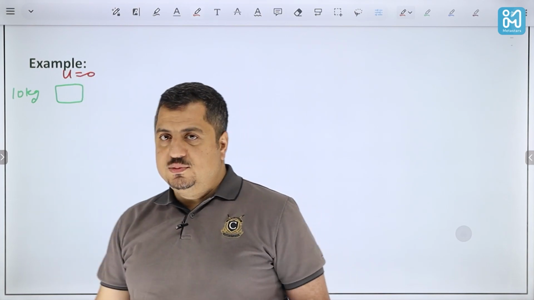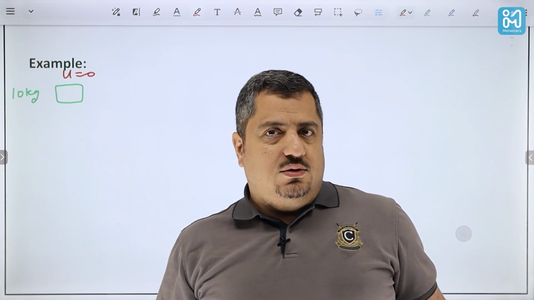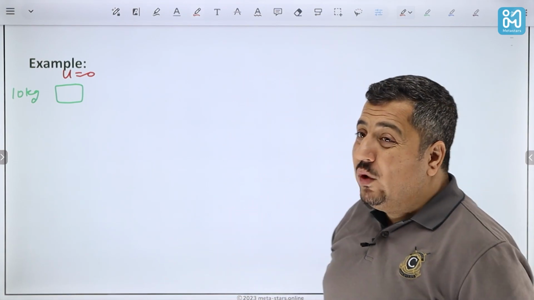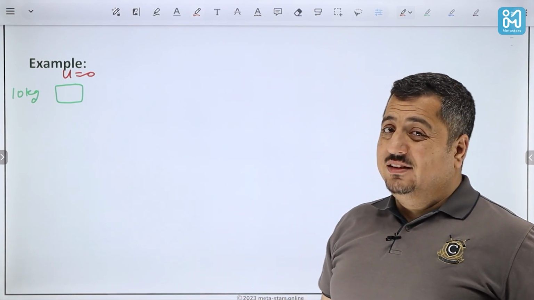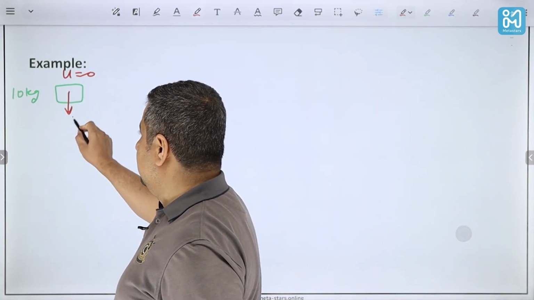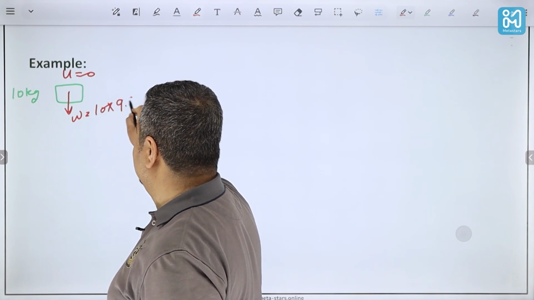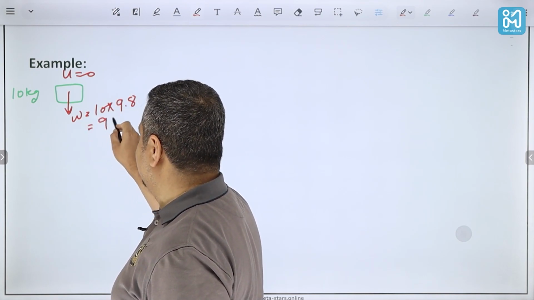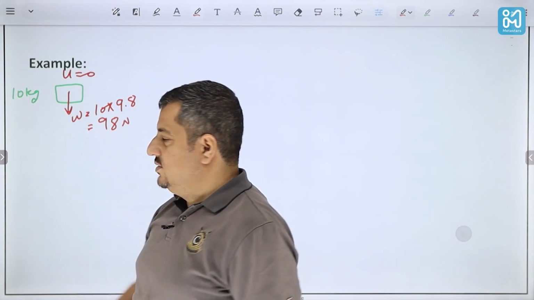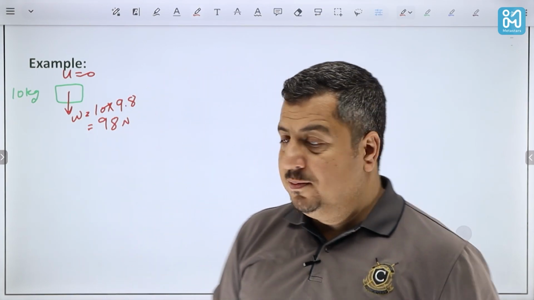The initial speed is 0. Now, we know that the only force affecting the object is its weight downward, which is 10 times 9.8, which gives 98 newtons. This is the weight of the object.